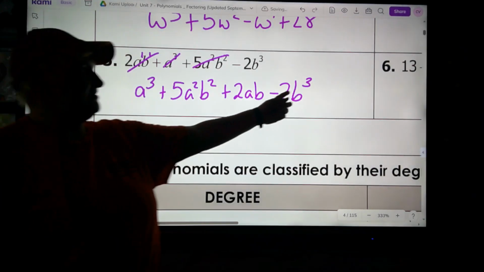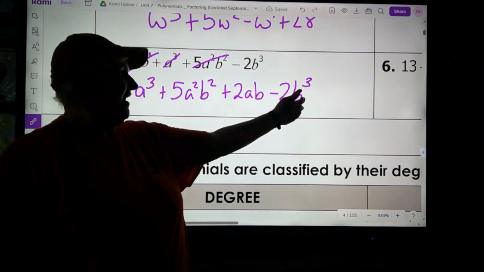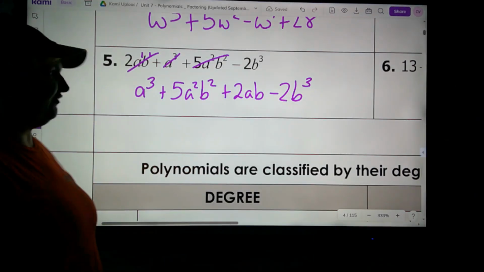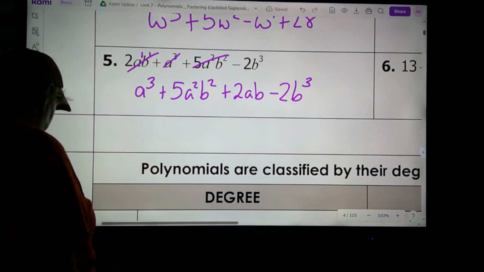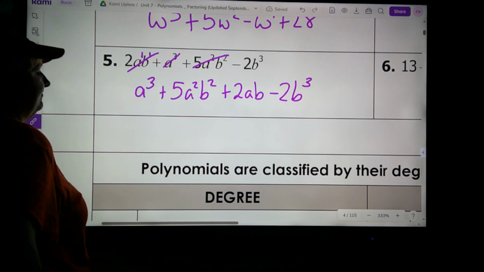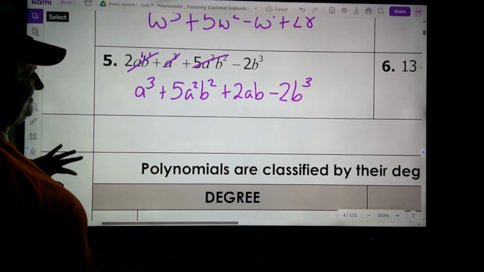So even though this has a higher exponent than that, it comes last because b comes after ab. Alphabetical first. Good. You should be able to do 2, 4, and 6.